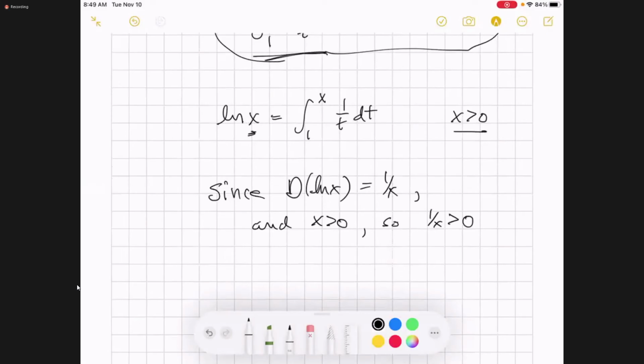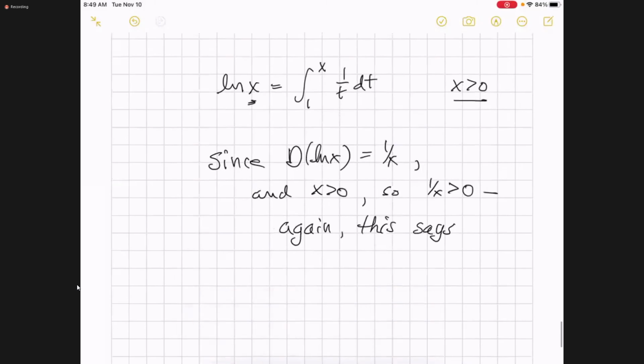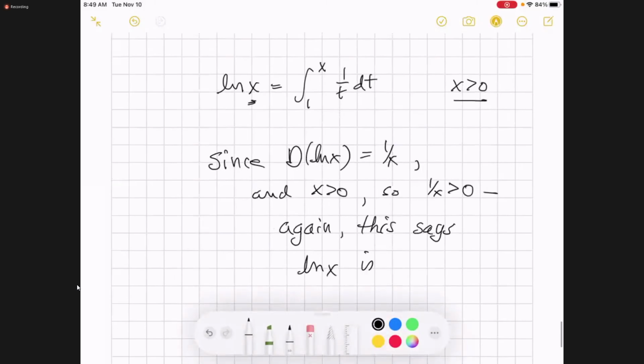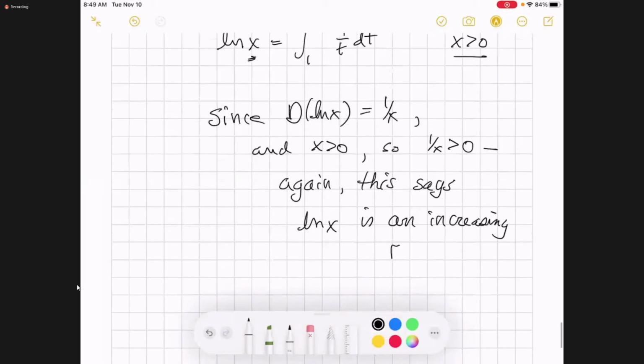That says this new function is an increasing function, because having a positive derivative on the entire domain means your function is increasing over the entire domain.